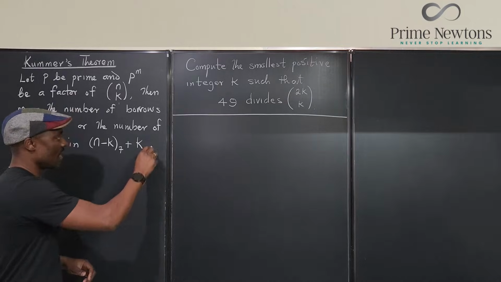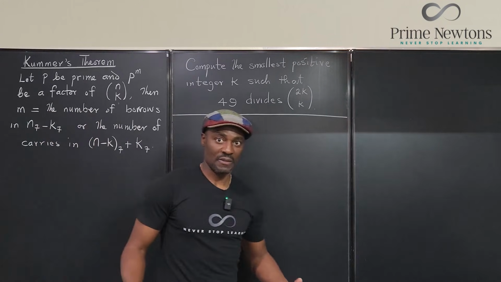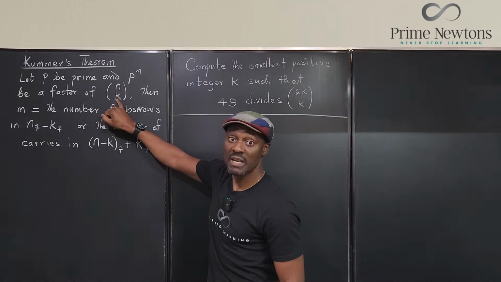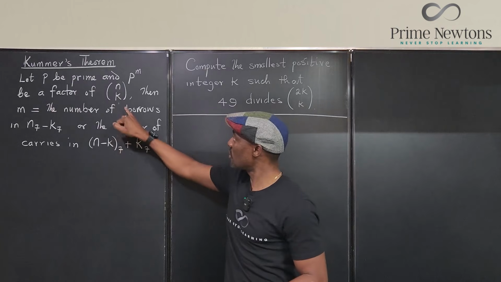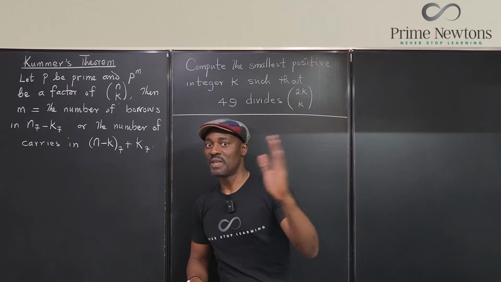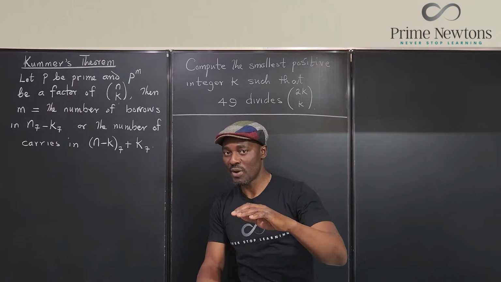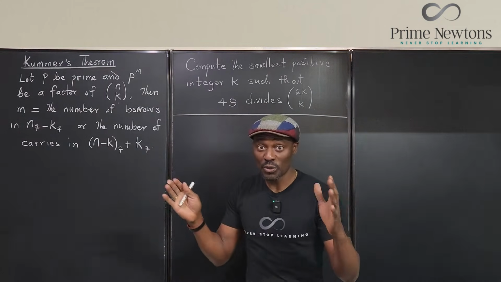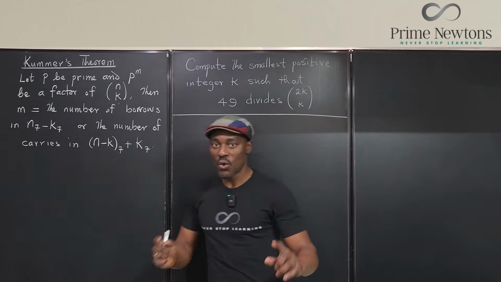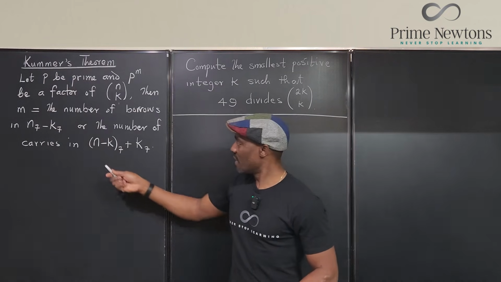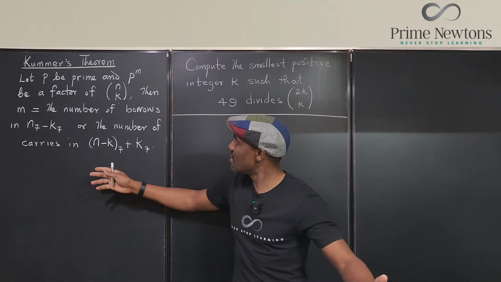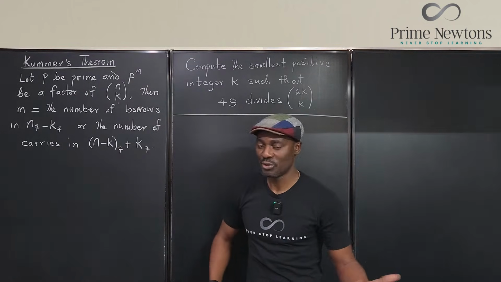So there are two ways that you see this. If you choose to write this in base 7, and you decide to subtract the smaller from the bigger, the number of times you have to borrow to be able to do the subtraction, if you count the total number of times you borrowed, that's going to be the value of m. Or actually, I should say the maximum value of m, which is still true.